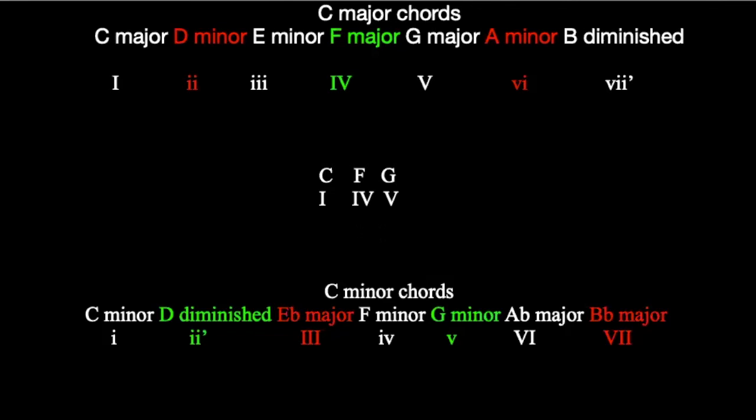But now let's say we take our 1-4-5 chord progression and we decide, you know what, let's change it up. Let's play an F minor in here. Watch what happens. So here's what I'm going to do. We're going to play the G. We're going to play an F here.